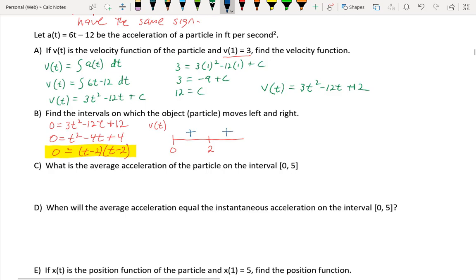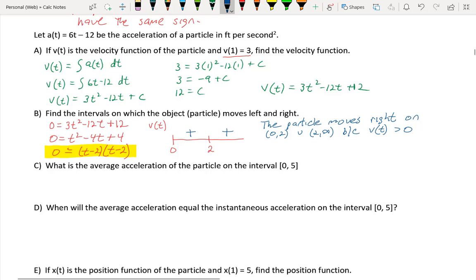So I'm always positive. So the particle moves right on 0 to 2 and 2 to infinity because v of t is greater than 0. Okay? That wasn't too bad.